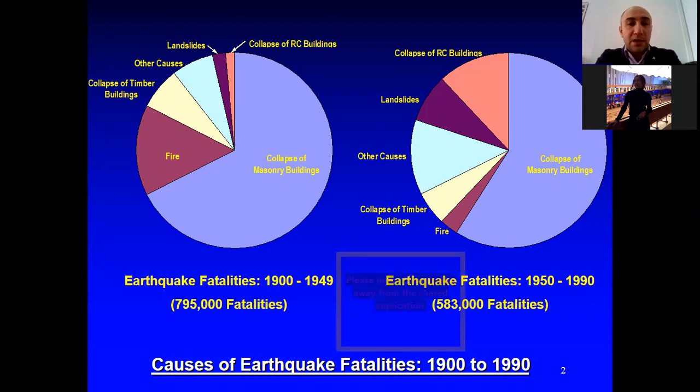What about other causes of fatalities? They include post-earthquake fires, landslides, and tsunamis.